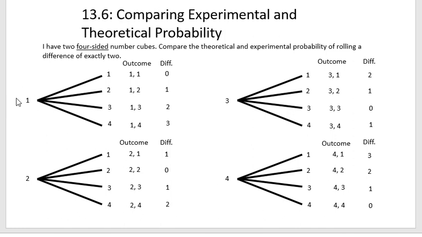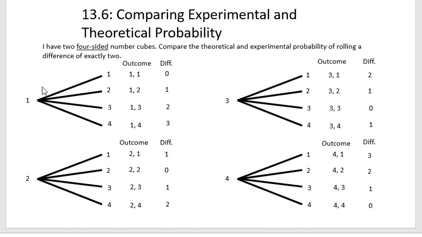So the first number here at the stem, that would be the number on the first four-sided cube. I want to point out it's a different kind of cube. It's a cube that only has 4 faces. So we are only going to have 1, 2, 3, and 4 on each cube, not the typical standard 6-sided.